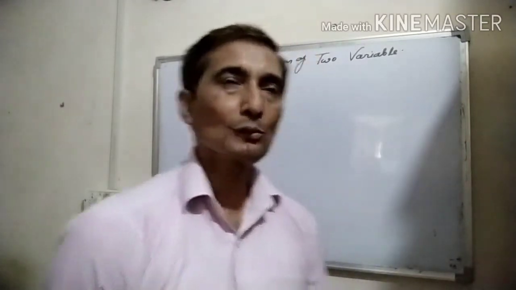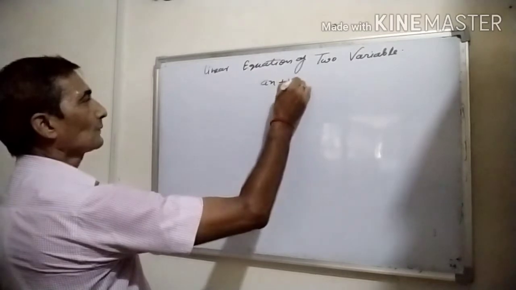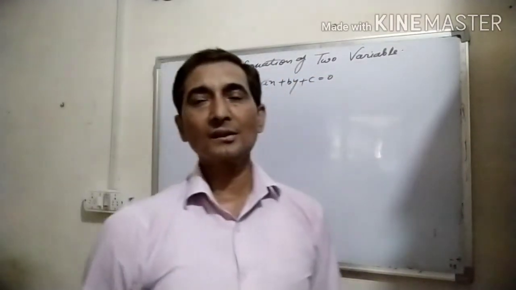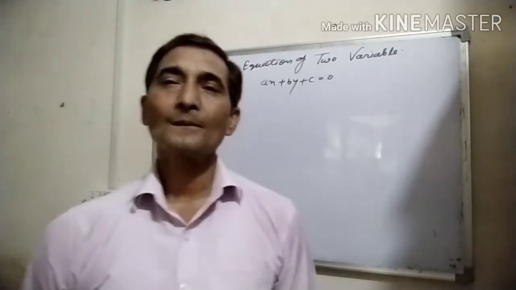The standard form of linear equation in two variable is ax plus by plus c equal to 0. This is the standard form of linear equation in two variable.